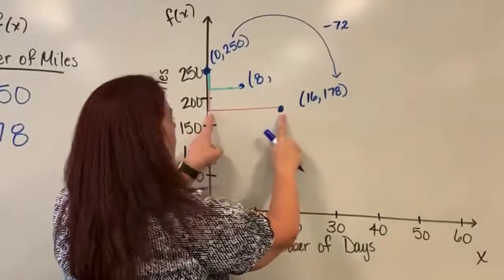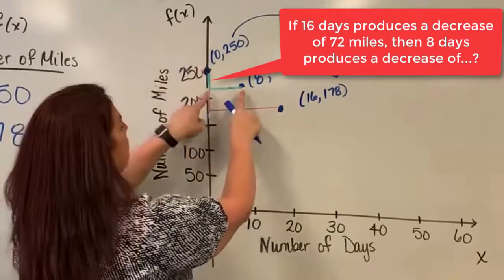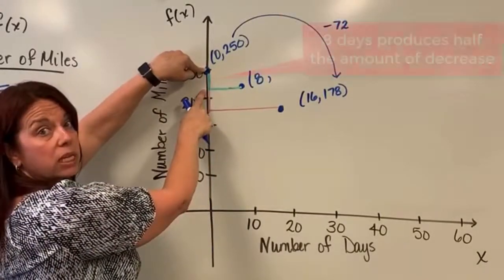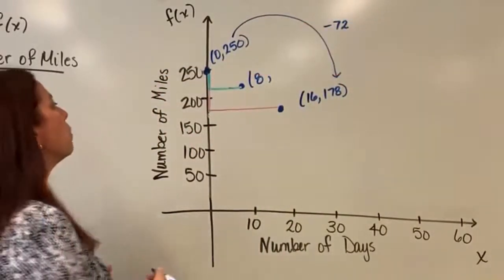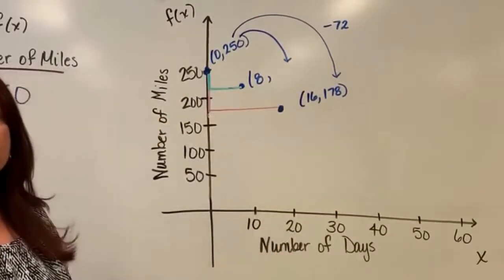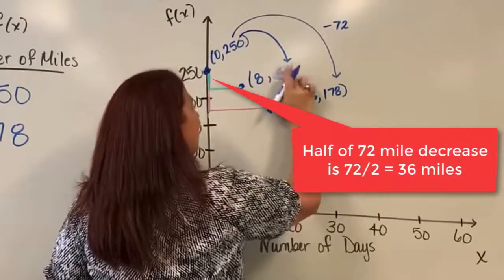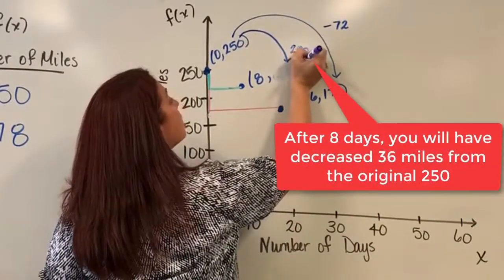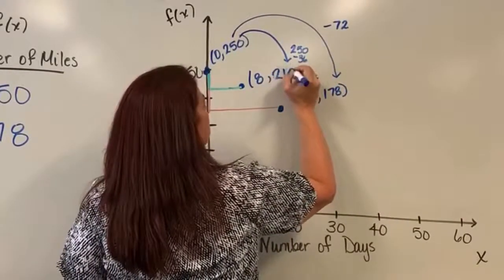So if 16 days produces a decrease in miles of 72, then 8 days, which is half the amount of time, would produce half the amount of decrease. Instead of decreasing by a full 72 miles, I'm only decreasing by half of that 72, which is 36 miles. So I take my 250, subtract 36 miles, and I get 214 miles remaining.